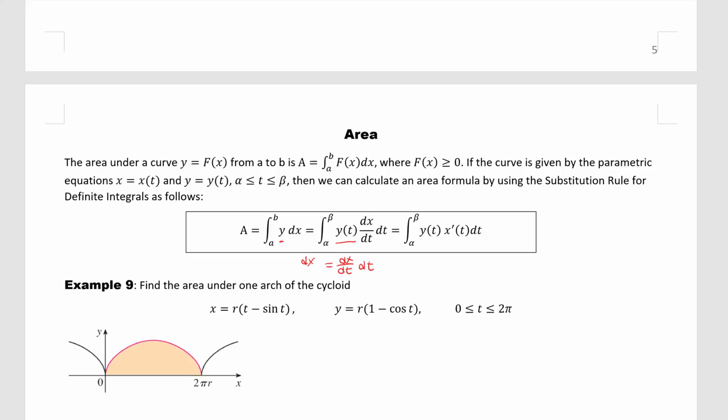Because the dt sort of cancels out. Then this is our formula. So our formula is integral, so alpha and beta are the t values, a and b are the x values. So change the limits of integration to t values. And then we have y of t, x prime of t dt.